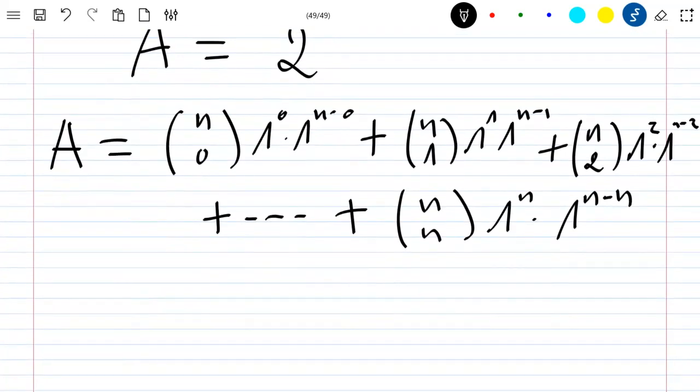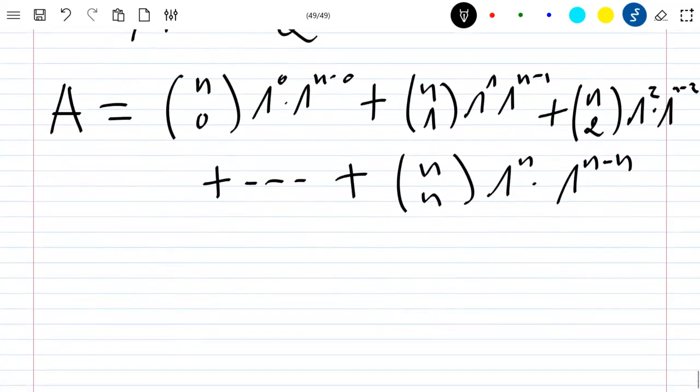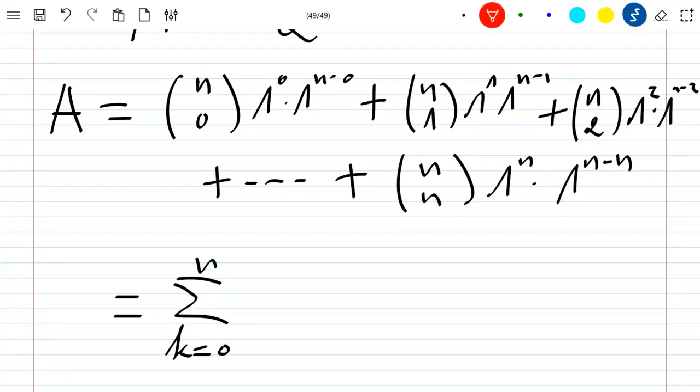If you write this with a sum symbol, it is equal to the summation for k from 0 to n, because you can easily see that we have 0, 1, 2 until n.